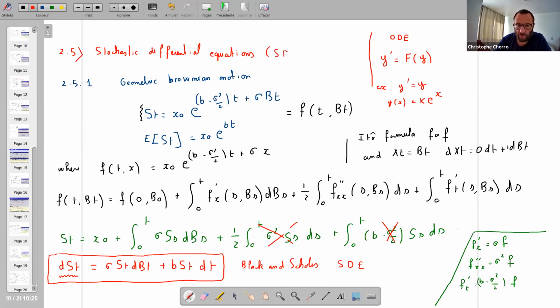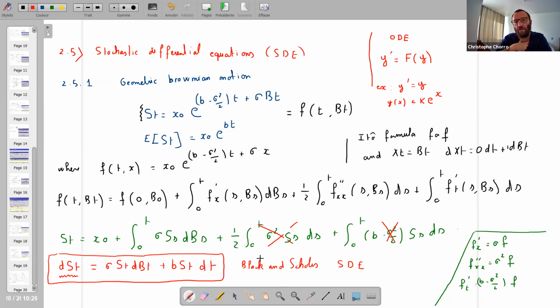I denote stochastic differential equation by SDE, by opposition with ODE, that are ordinary differential equations. So I have this. The geometric Brownian motion fulfills this one.